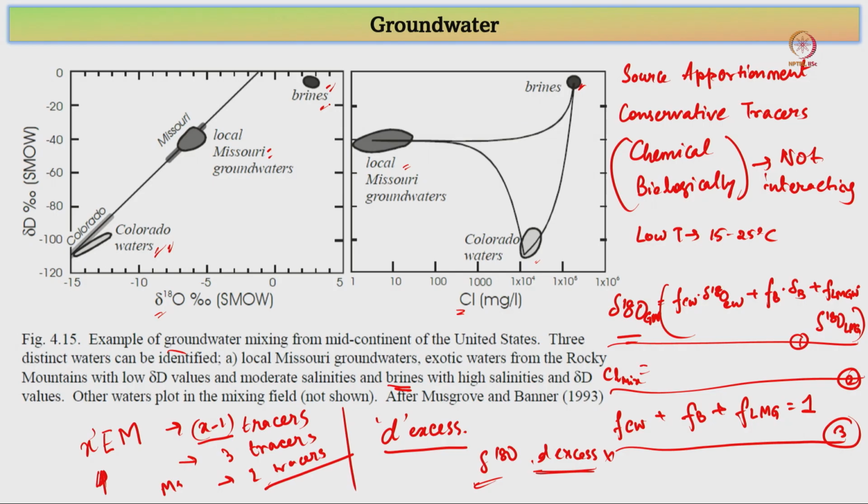For instance, you see that the brine has a variation in this region, somewhere between 2 and 3, and on this axis somewhere between maybe -5 to -7, 8.